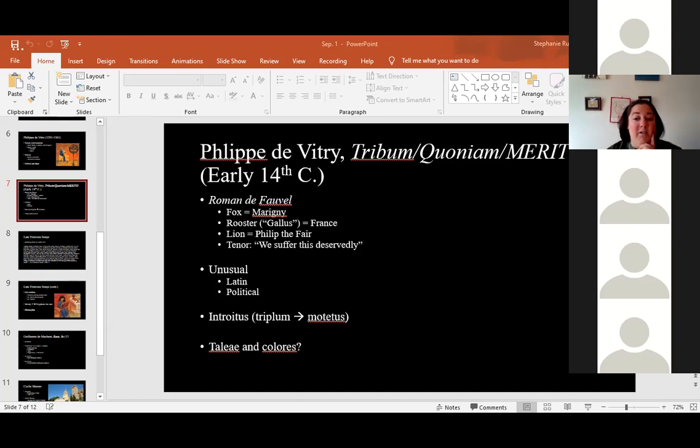What feels similar to the previous music we've heard? It was all men singing. Yeah. These weren't necessarily part of the liturgy when motets broke away, and especially this one, included in the Roman de Fauvel, was meant to be performed in-house.